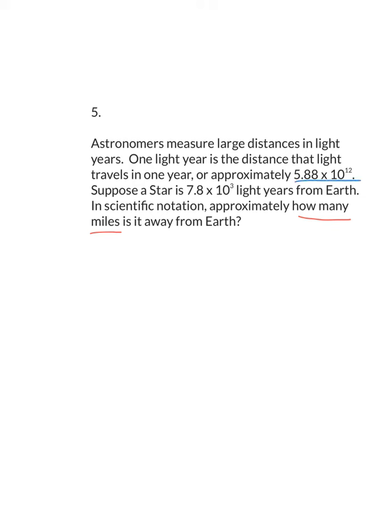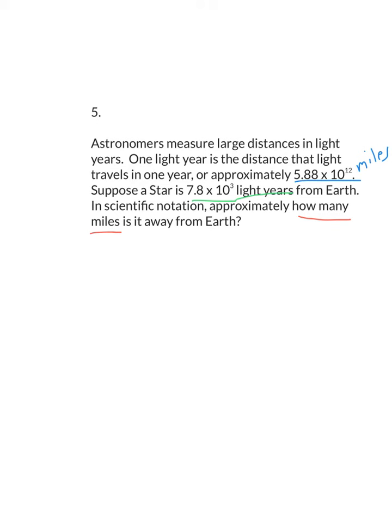That's actually the distance a light year is in miles. So this should be miles. This number down here, the 7.8 times 10 to the 3rd, tells us how many light years that is.